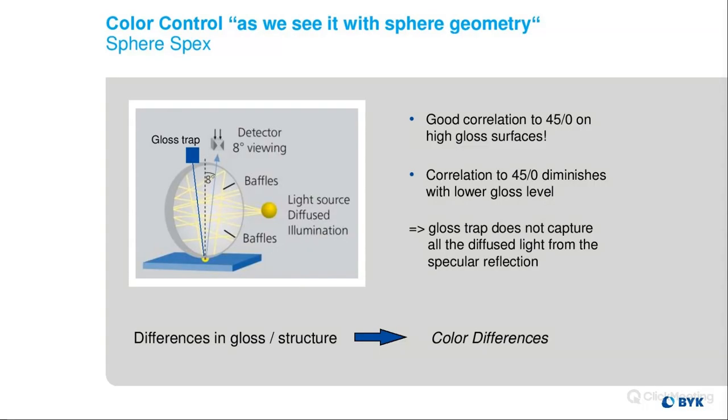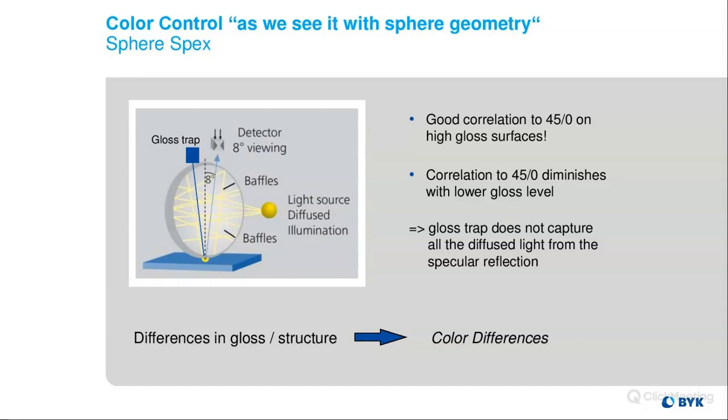And then on the contrary, we have the specular excluded. What this incorporates is a gloss trap. It'll correlate to the 45-0 a little bit, but not 100% because of the different methods at which the light's being cast onto the sample.